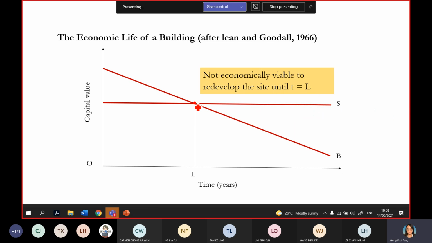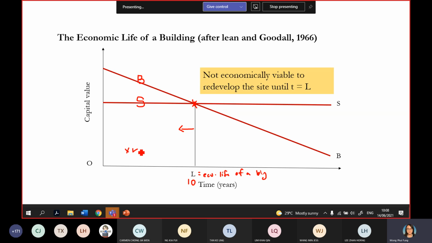Then this is the point that you need to take into consideration. Okay, it is not economically viable to redevelop the site until T equals L. L means the economic life of a building. Say, for example here, before 10 years, your building value is still more than site value.